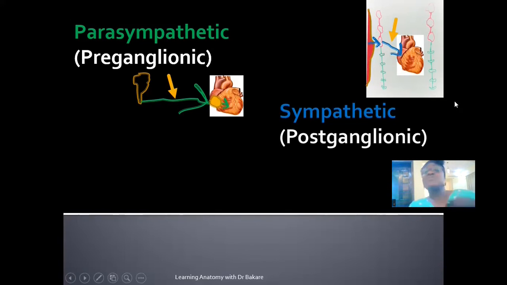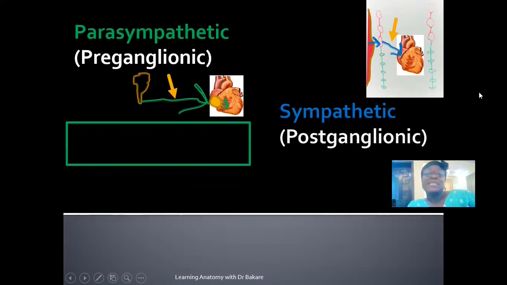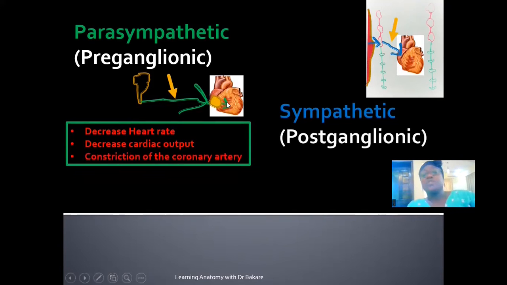So going further, let's try to establish the different actions that are exhibited by both the parasympathetic and the sympathetic component. For the sympathetic component, we know that it is activated during fright mode, while the parasympathetic component is in a normal state. So the actions seen to be exhibited by the heart include decrease in heart rate. We also have a decrease in cardiac output, also constriction of the coronary artery.